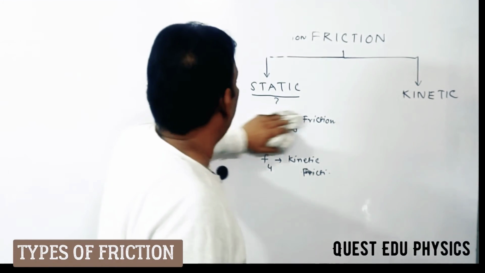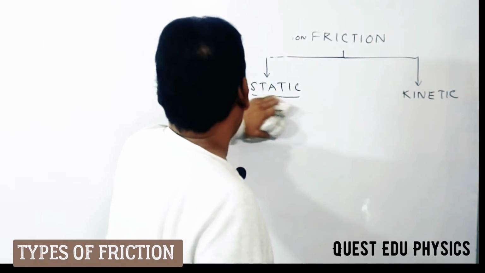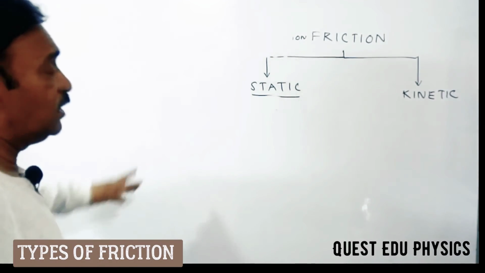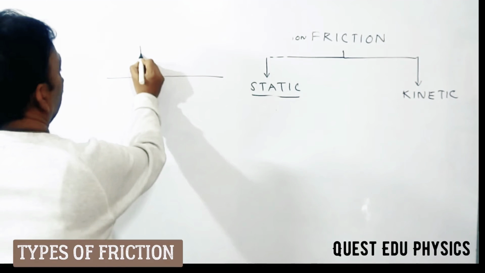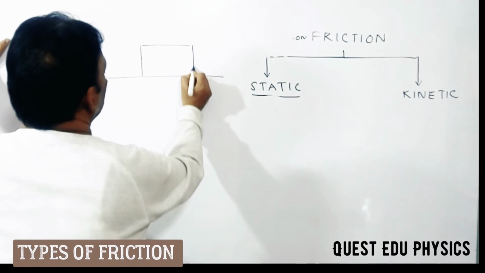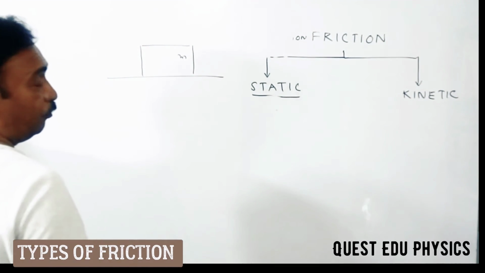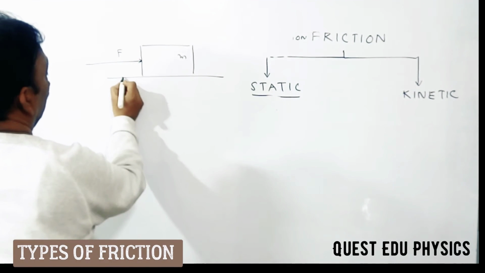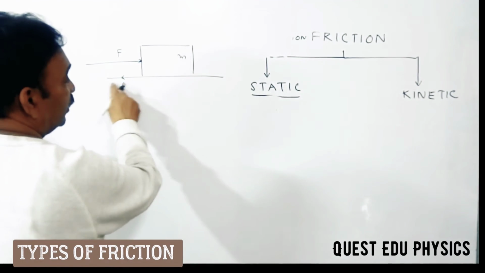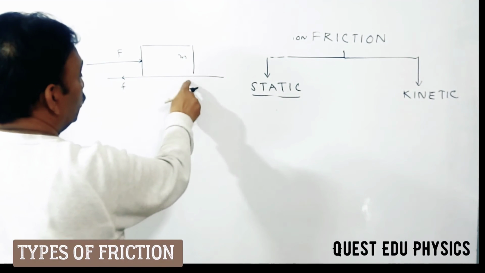Okay, students? We can state the first law like this, students. Let's say it is a surface and a body is lying over the surface. It has a mass of m and we are applying a force. Then a frictional force will develop which works along the line joining the two surfaces.